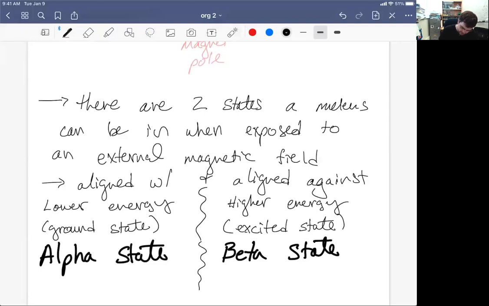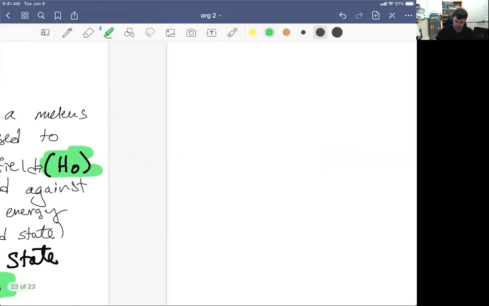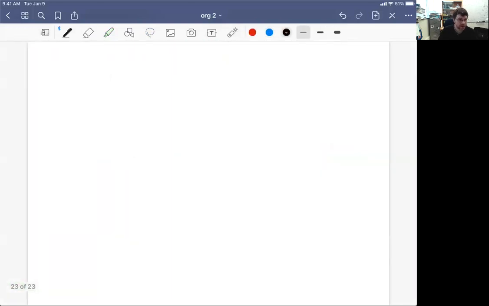Now, the other thing I want to mention is that we call the large external magnetic field H0. So I'm going to have the alpha state, the beta state, and H0 going forward as we talk about NMR spectroscopy. And there's the letters for alpha and beta. We've seen those before in some contexts. Okay. So that's the setup for our absorption spectroscopy technique.